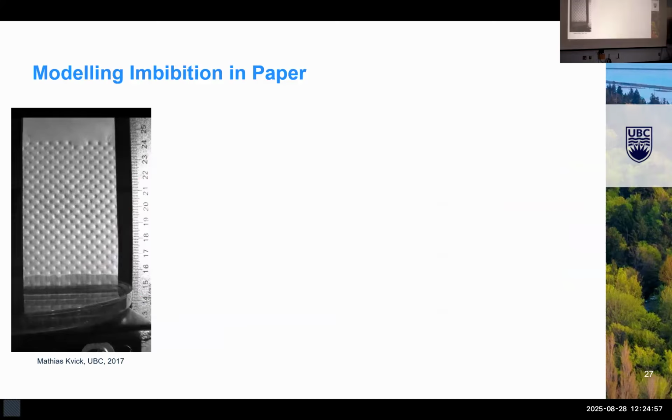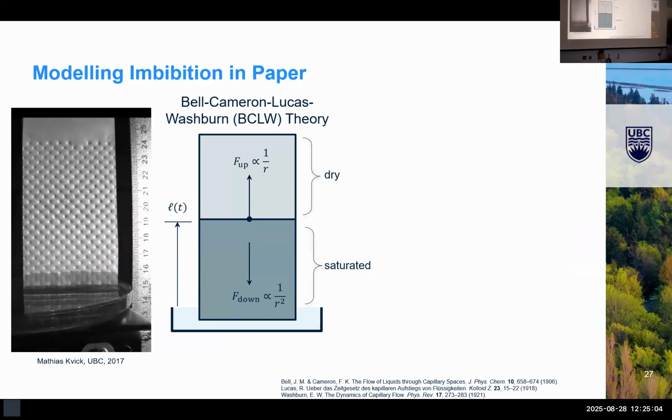And so this process of edge wicking is well described at the macro scale. It's been studied for about 100 years using typical capillary flow models. And when we look at it in this framework, zoomed out, we see that the force that's propelling the liquid upwards, the suction force, is proportional to 1 over the pore radius.